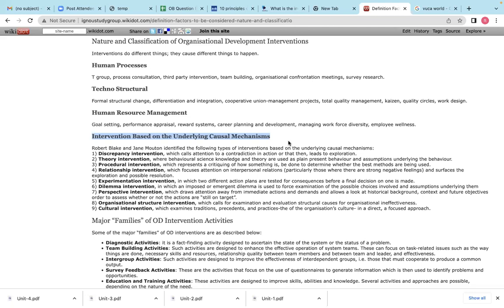Okay, so there is a dilemma that is actually going to come, right? So now you are trying to examine the possible choices that you have to either cover or handle that dilemma well before it actually comes. So that is the dilemma intervention.